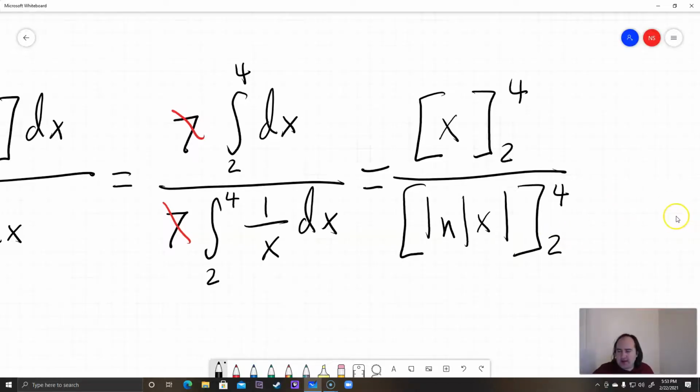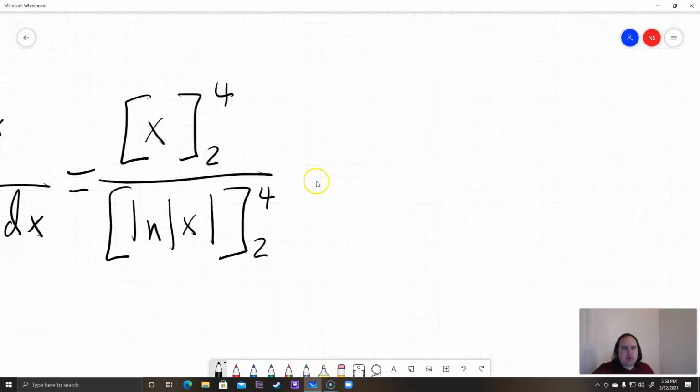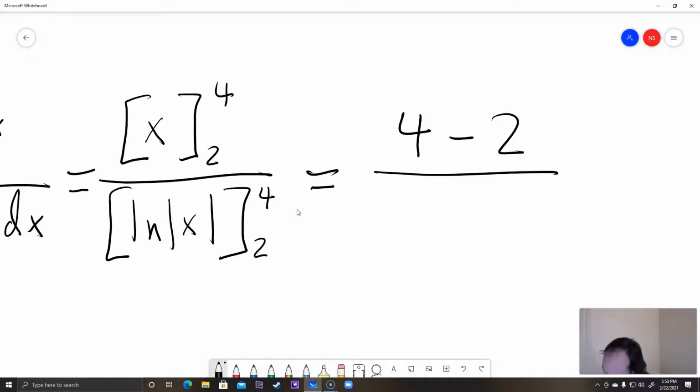Okay, so now we can plug in these numbers. So on the top, remember you plug in the top number first and then you subtract the function evaluated at the bottom number. So we're going to have 4 minus 2 on the top. And then on the bottom, we're going to have ln of absolute value of 4 minus ln of absolute value of 2.